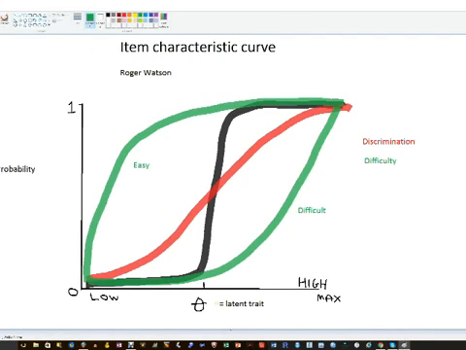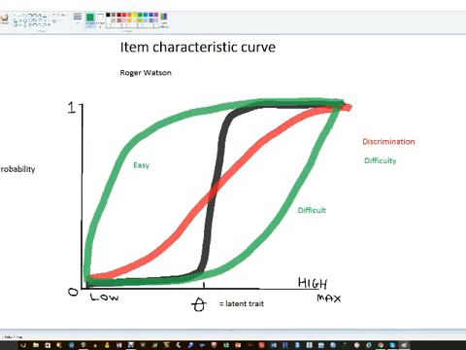So finally, just to recap, item response theory is based on a relationship between the level of a latent trait and the score on the items that are used to measure that latent trait. And item response theory says that the higher the score on the latent trait, the higher the probability of scoring high on an item.